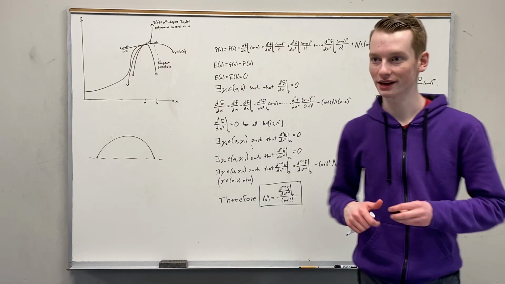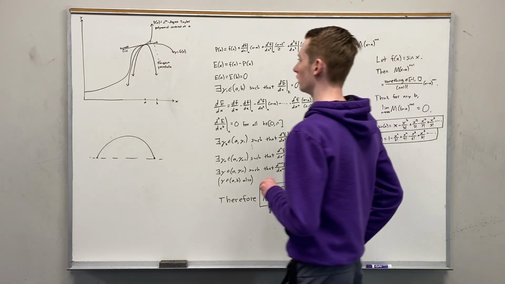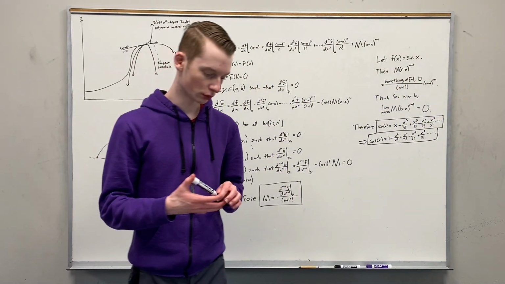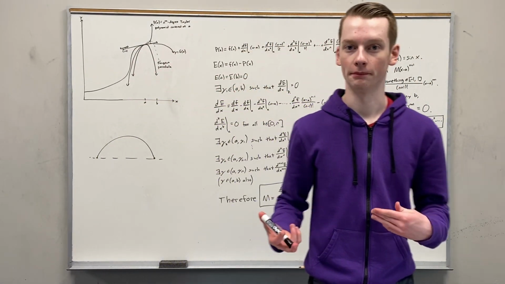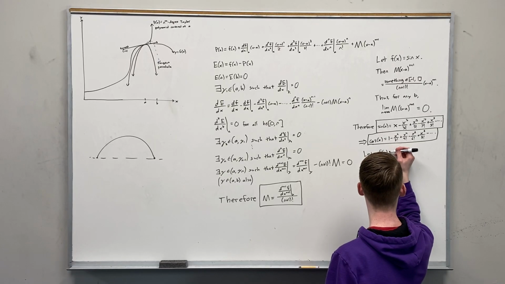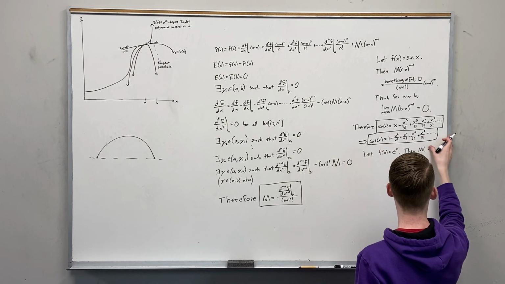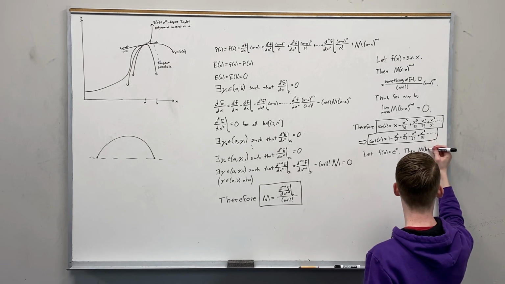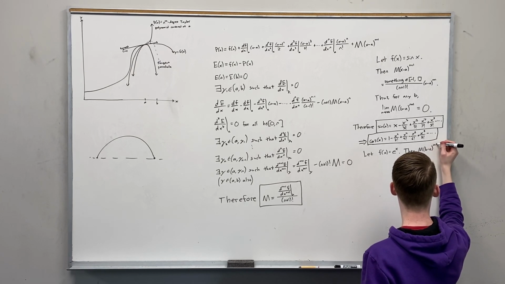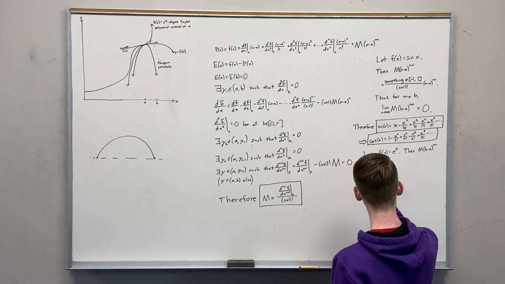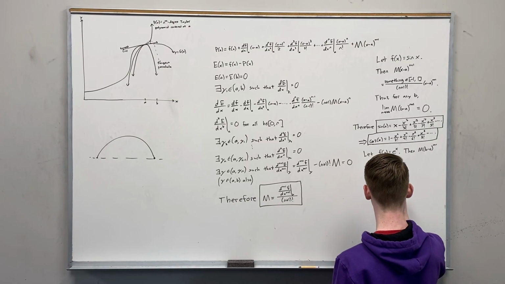Okay, what about e to the x? e to the x has very nice properties, right? Its derivative is always going to be the same. Let's say f equals e to the x. Then the error term equals e to the something, right?